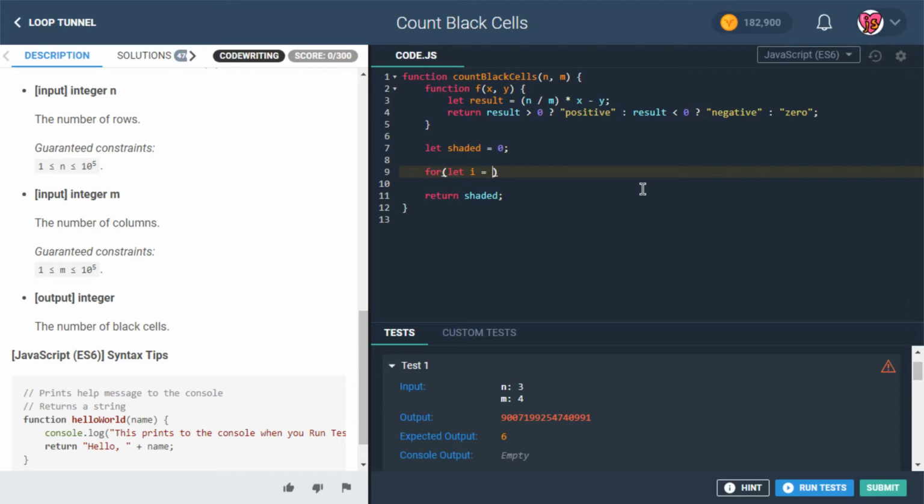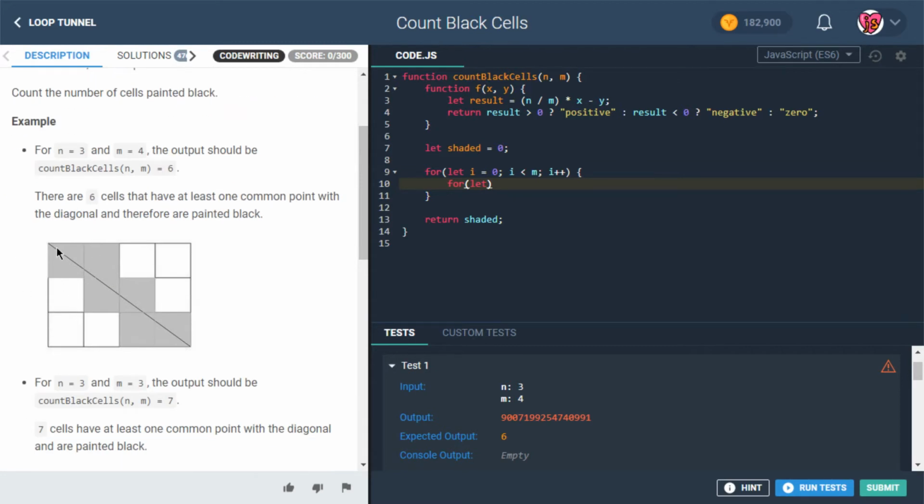Let's say i is going to start at 0. i is going to be less than, which one is this? The i will be for the x, let's say. So it's going to be less than m. Why less than m? Because this is going to represent the upper left corner of our cell. So this would be 0, 0.